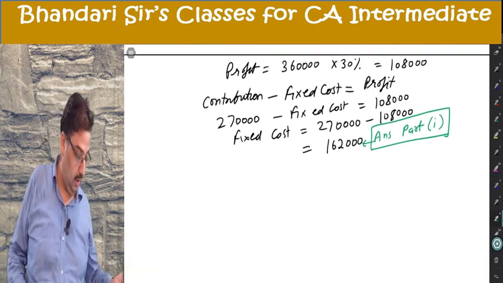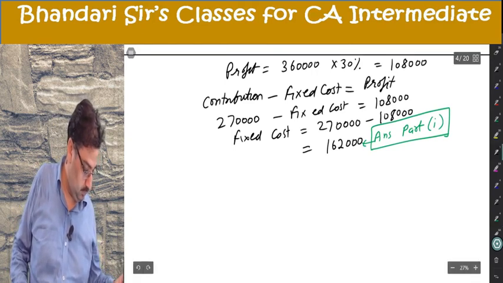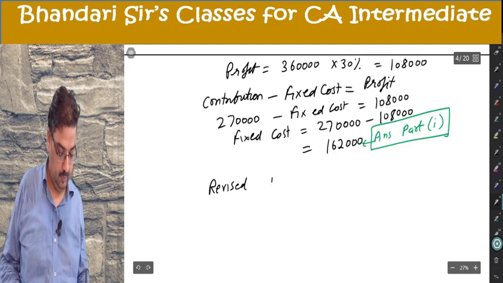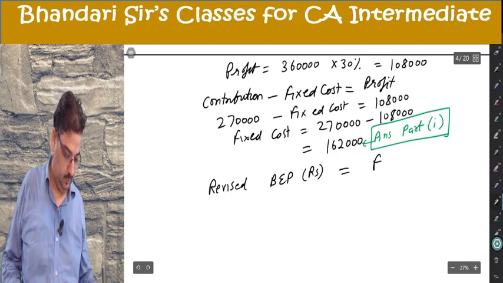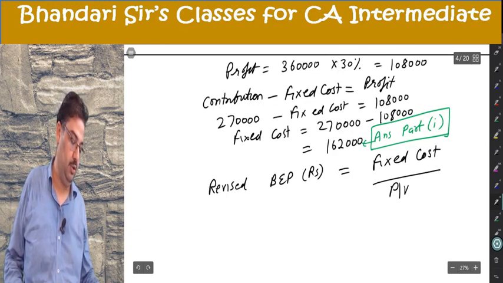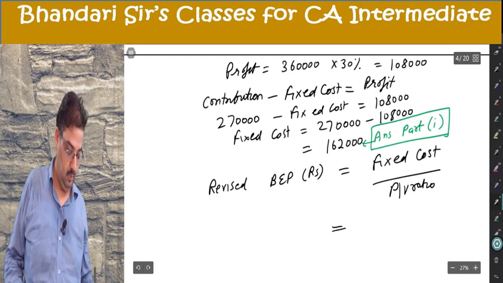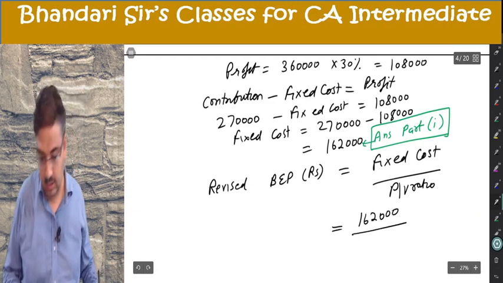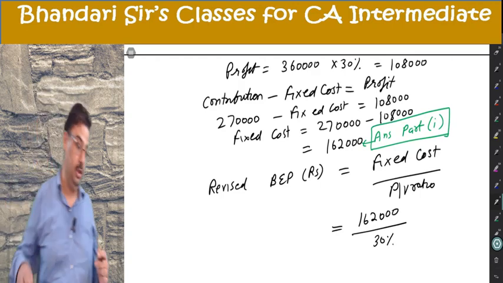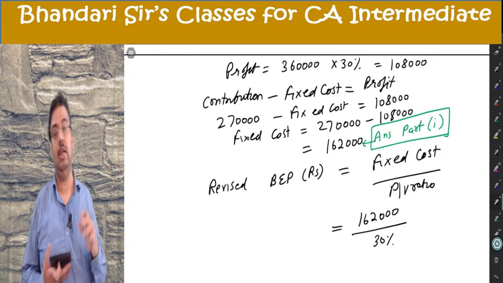Now the question wants the revised break-even point in rupees. Now that is easy. Fixed cost divided by PV ratio. I have both of them. Unless I had fixed cost, I would not be able to compute break-even point. Revised PV ratio was 30%. Now what students do in exam, 1,62,000 divided by 30, that is not correct.